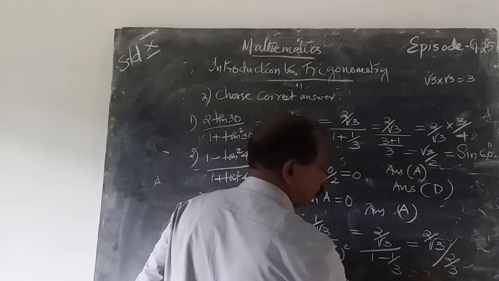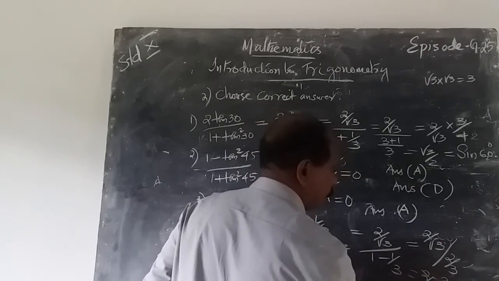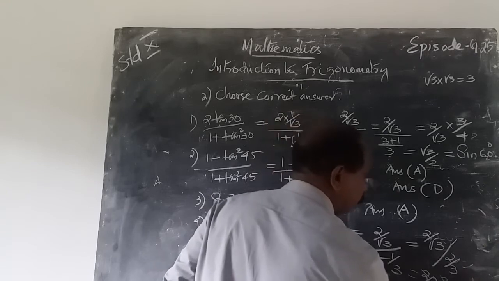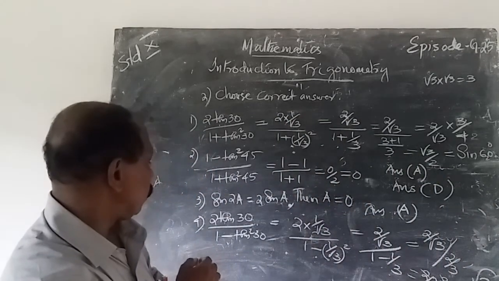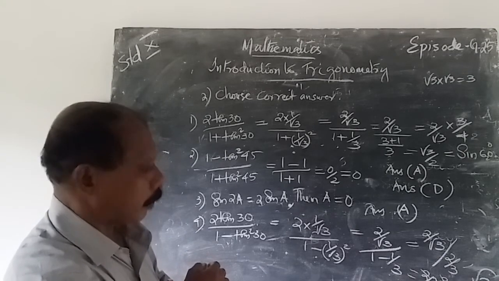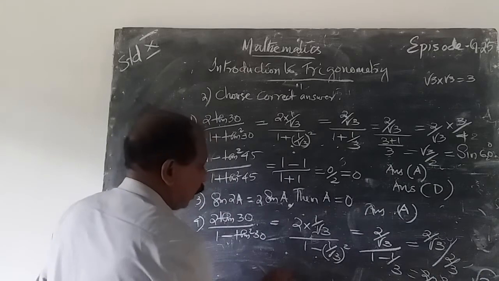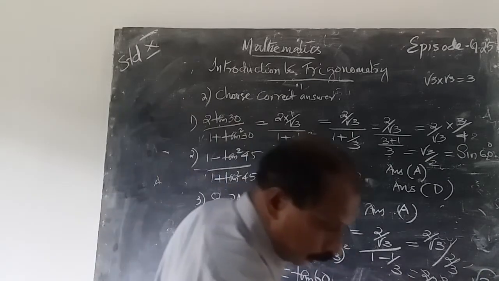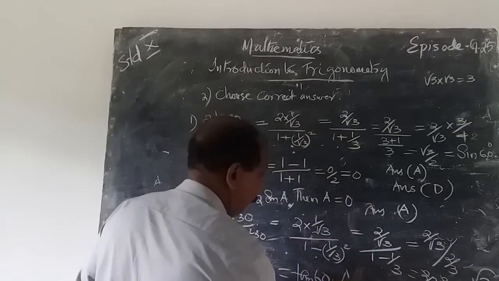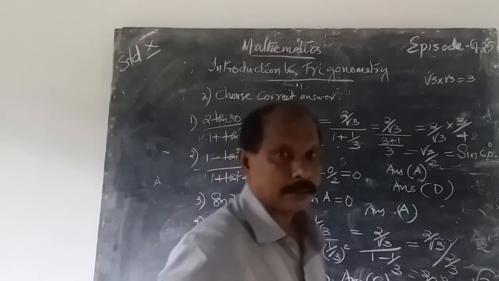That is 2 by root 3 into 3 by 2. 2 cancels, 3 and root 3 cancel. Equal to root 3. Therefore, tan 60 is the answer. Tan 60 is root 3. That is answer C. Clear?